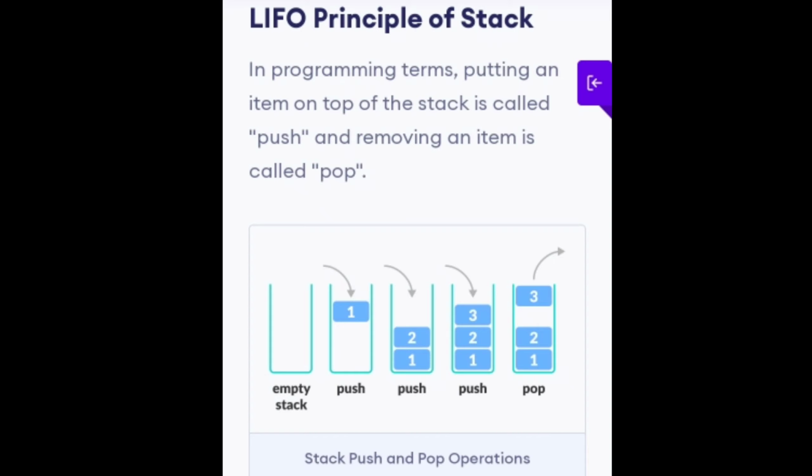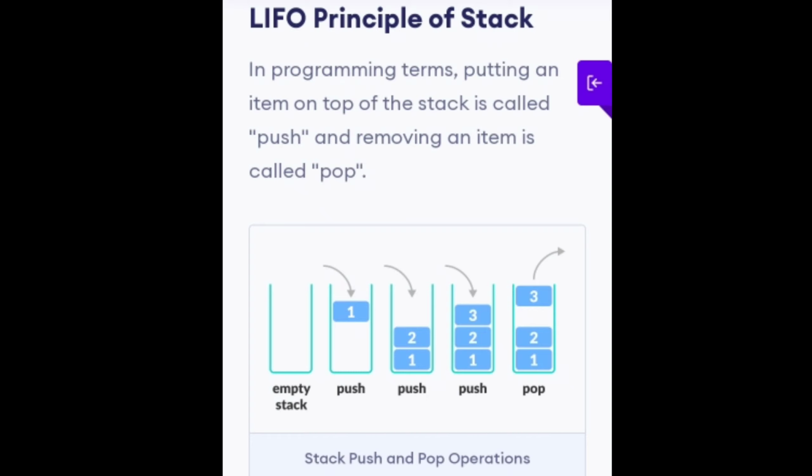In programming terms, putting an item on top of the stack is called the push operation and removing one item is called the pop operation. Look at the figure. From the figure, it is very clear what the push operation and pop operation in a stack are. The first one is an empty stack and we are inserting an element, that is a push operation. The second element is also added.